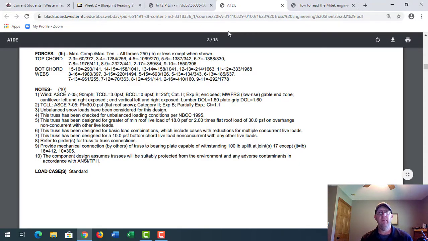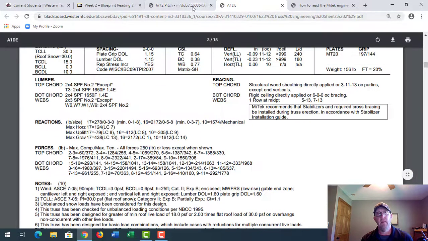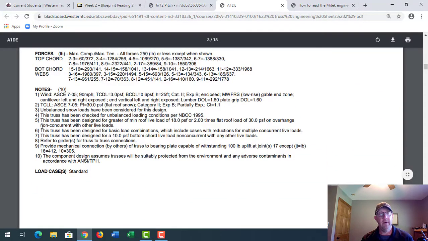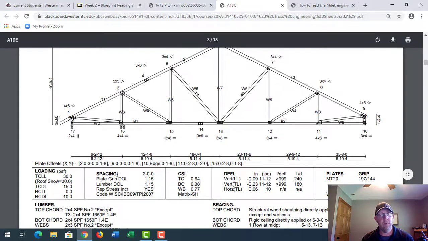So if we look at the truss example that I have here, and we go into our notes, it's going to be very similar. On this particular truss up here, I told you there was going to be a mechanical fastener.